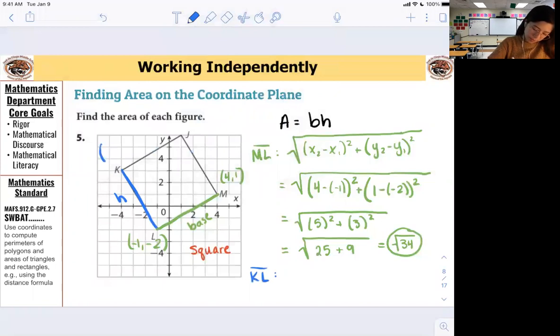K is -3, comma 3. No, -4, comma 3. Okay, go ahead and do KL on your own.